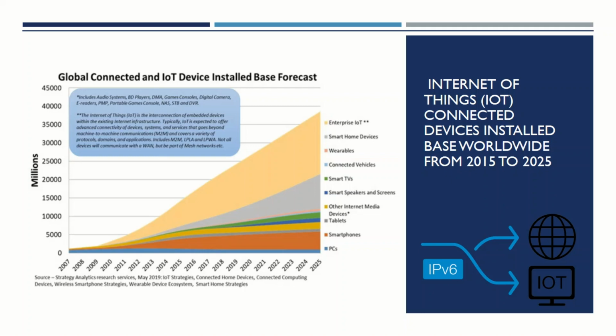Growth rates for wearable devices and connected vehicles will remain positive, but volumes will be modest relative to other segments. Address exhaustion is the main reason for switching from IPv4 to IPv6. So there were a lot of reasons that caused that.